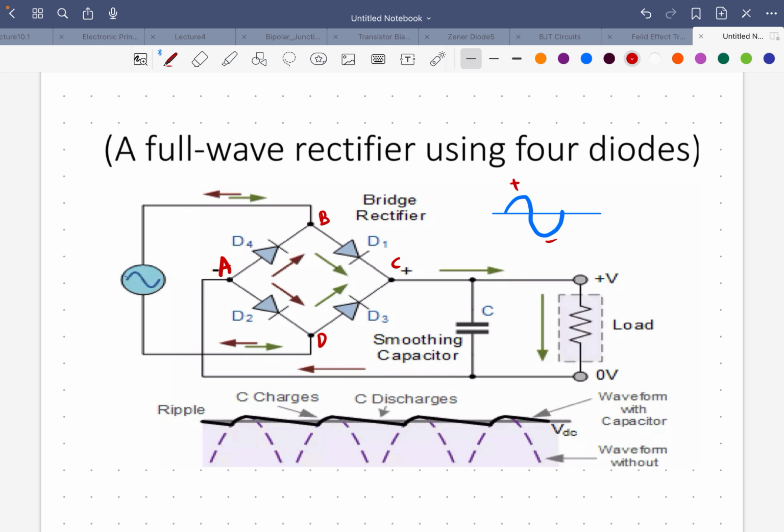Let me start explaining to you the positive half cycle. So let me assume here at the graph, for now, this is the positive and this is the negative.